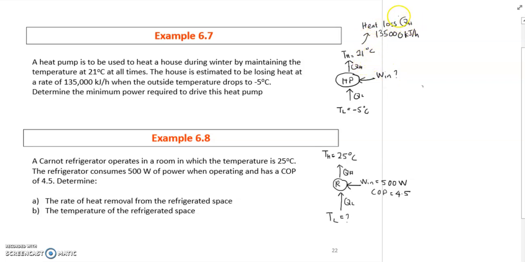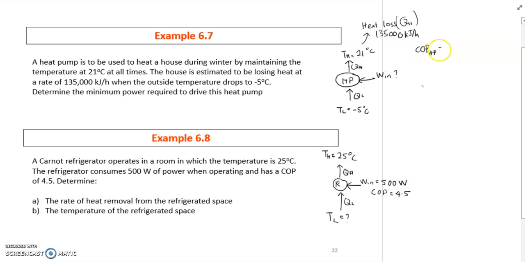The first thing is from the COP equation, we want to get the COP value first.